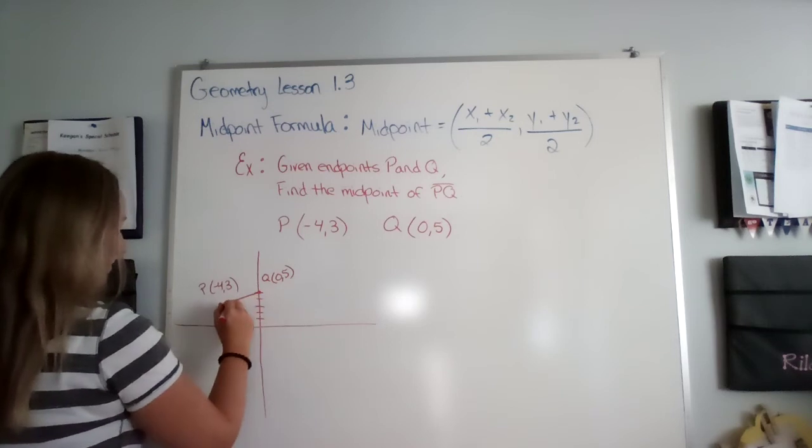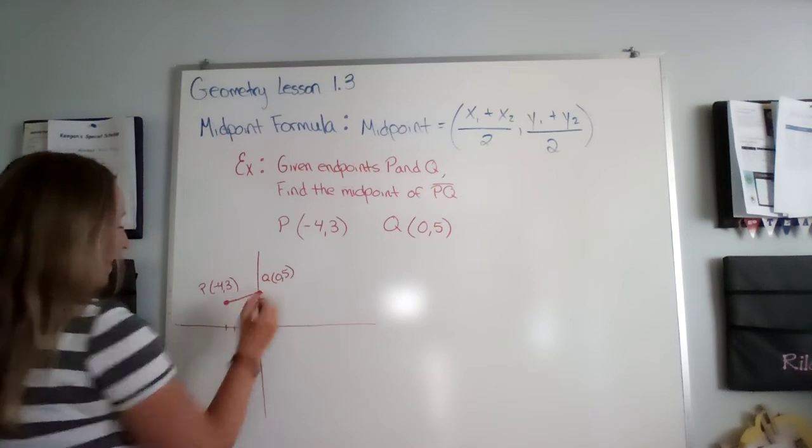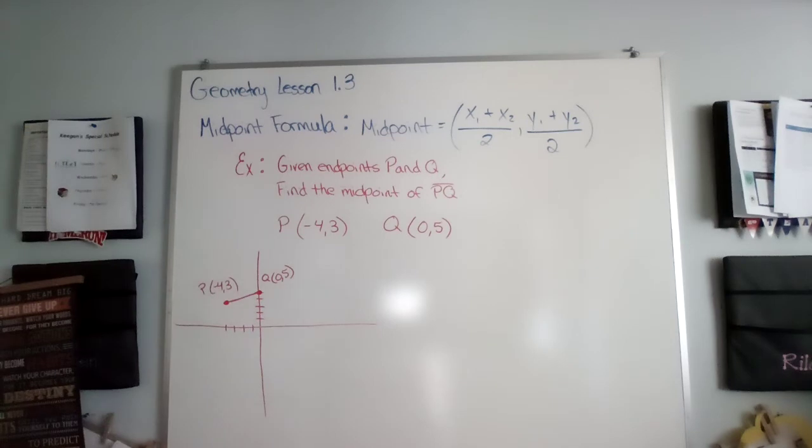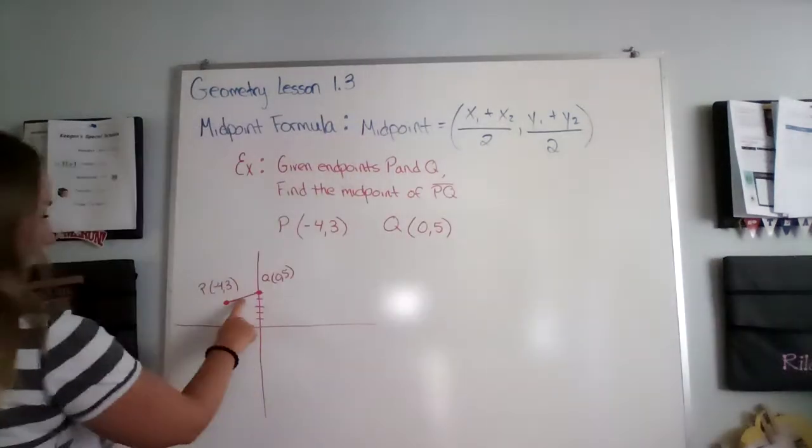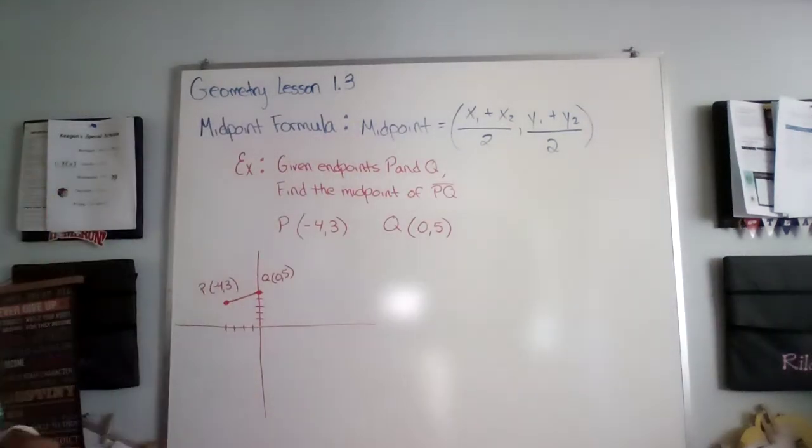And I want to find the midpoint. Now I know, just looking at the diagram, the midpoint is going to be somewhere right around here, but I want to know the exact coordinate. So I'm going to use the midpoint formula, but then I'm also going to visually show you, using slope and rise and run, how to figure it out from the graph paper.